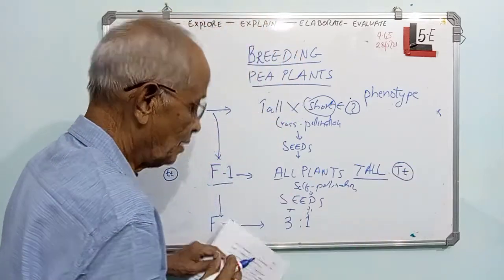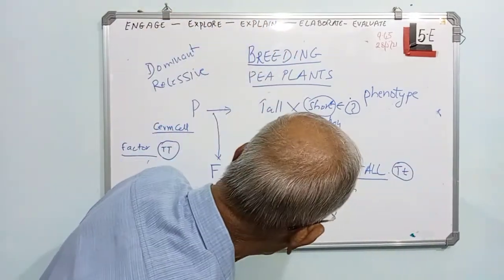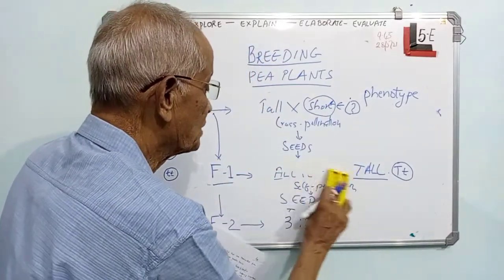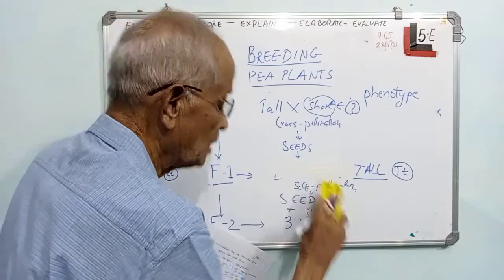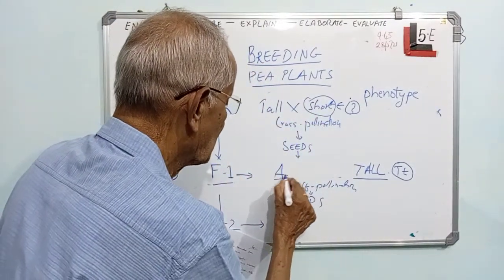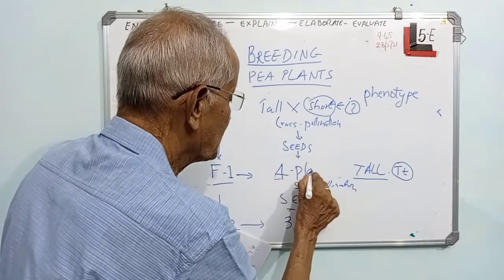So when he again planted them, he got, let me say, 4 plants. Why am I saying 4 plants?